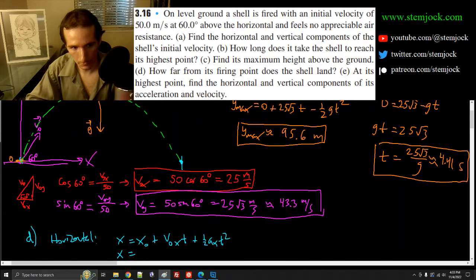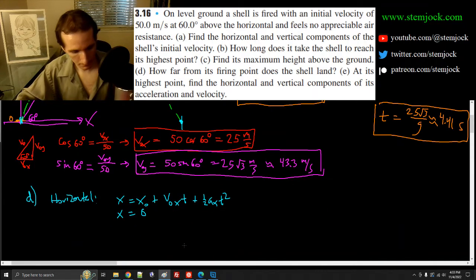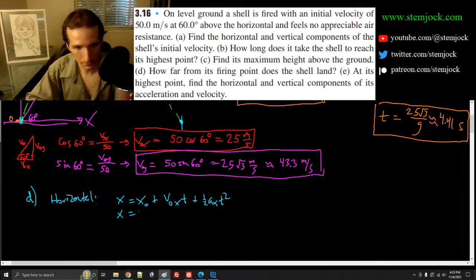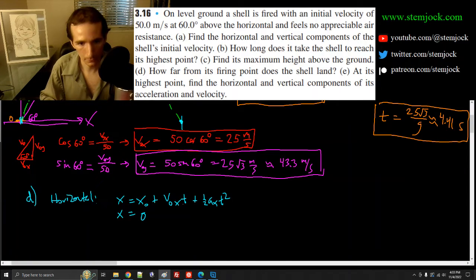I'm just going to leave it as x. X naught is where my origin is. It's 0. Not 6, but 0. And now v0x, that's going to be 25, so 25t.